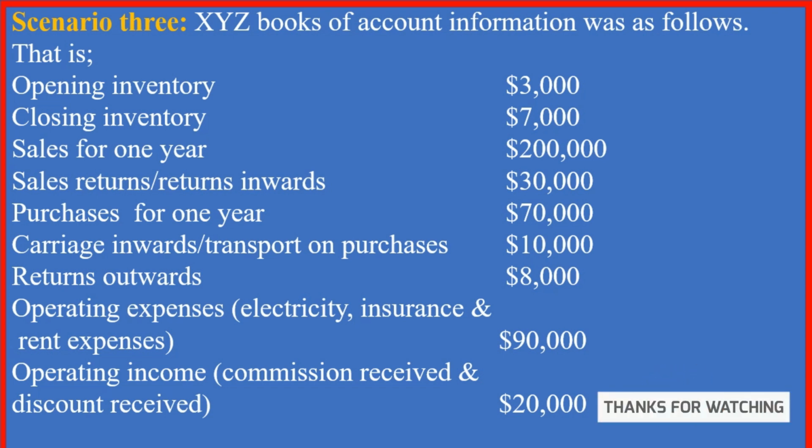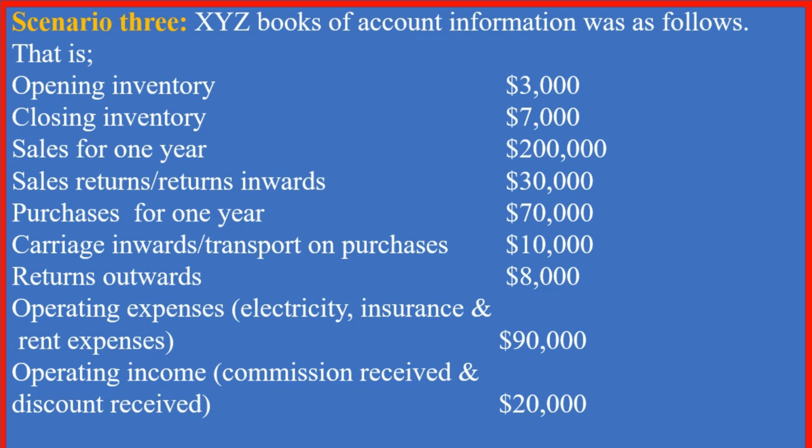Then purchases maintain their status quo as in scenario 1 and scenario 2, that is 70,000 US dollars. Then carriage inwards, what we refer to as transport on purchases, is 10,000, with returns outwards of 8,000. Then operating expense and operating income still remain the same.